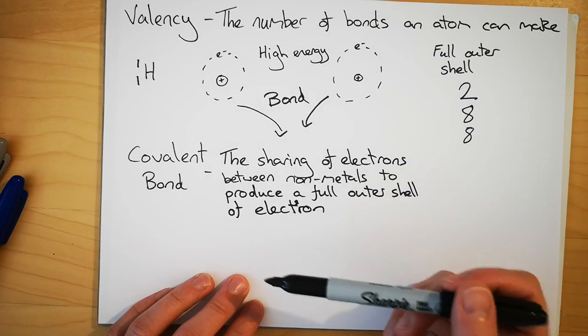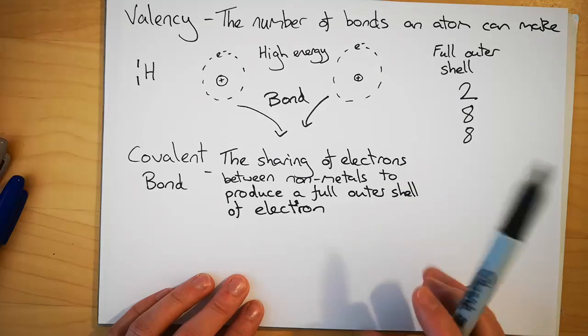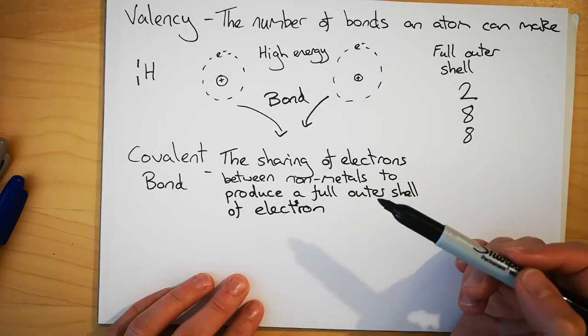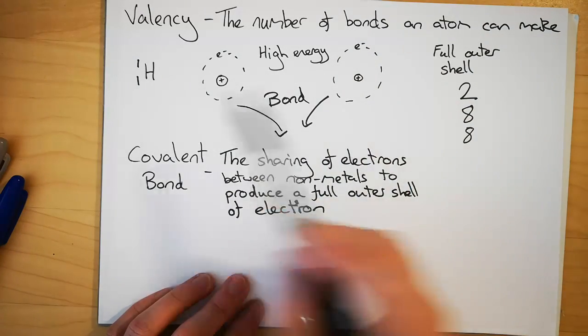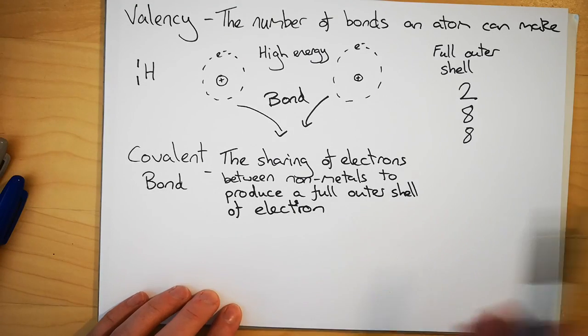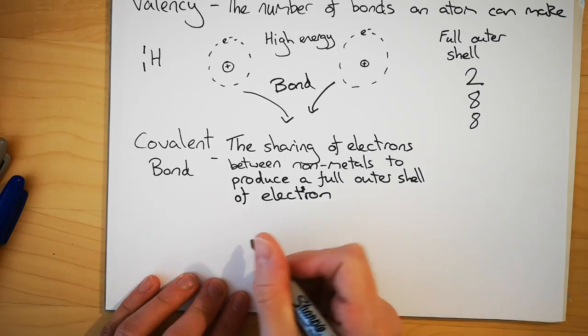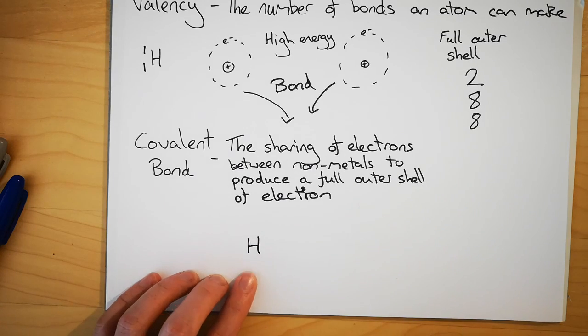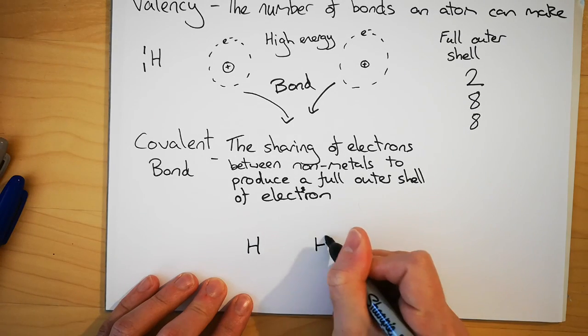And to show this, we can really draw a Lewis diagram. In a Lewis diagram, we don't show the inner electron, so I will show you this again with a slightly more complex example later on. So what we've got is we've got a hydrogen nucleus, and another hydrogen nucleus.